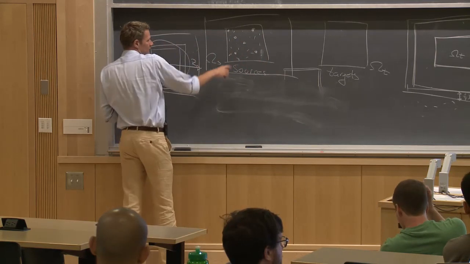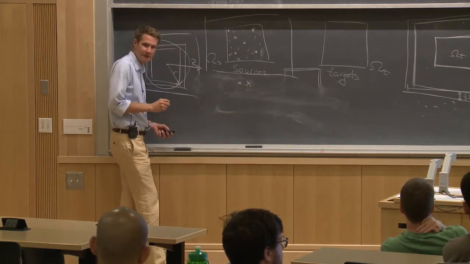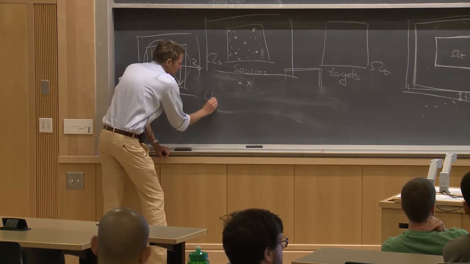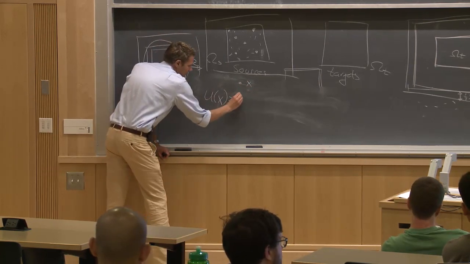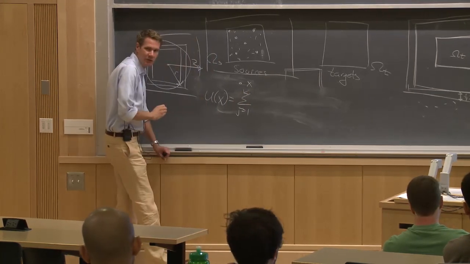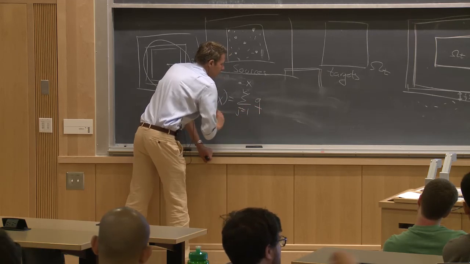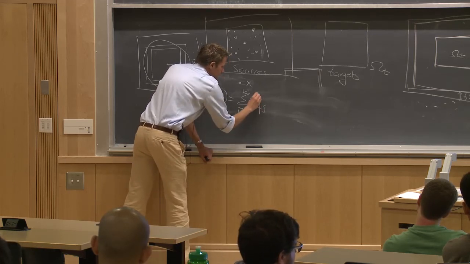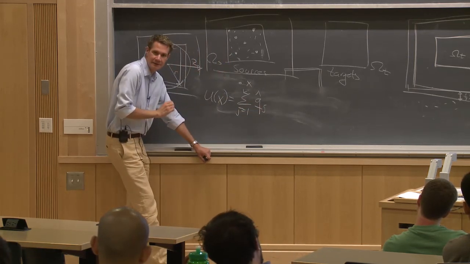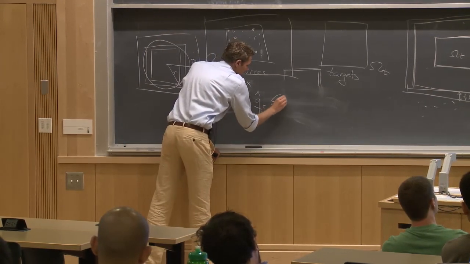So if x is some point outside that's well separated, then the potential at x is a sum over the k skeleton points, with some modified charges q_j hat.